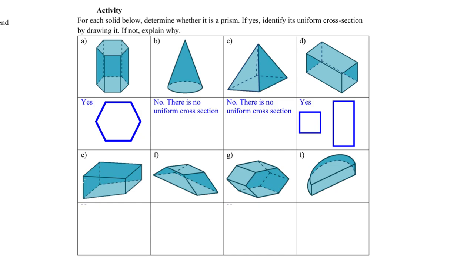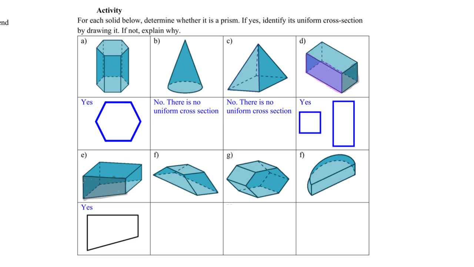If you cannot see it clearly, this could be one possible cross section, and this could be another possible cross section, because it is uniform along its length. For part E, yes, and the cross section is actually here, which is uniform across its length.